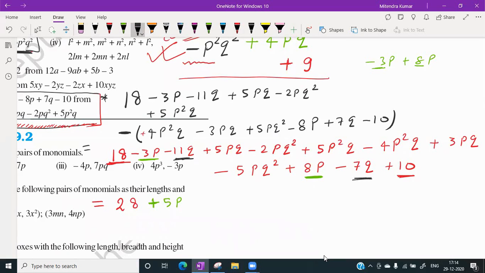Yes, we have q. So minus 11q minus 7q total minus 18q. Again next, pq. Do we have pq? Yes, so 5pq plus 3pq total 8pq. Next, pq square. You have to look for pq square. Yes, we have pq square like terms, so minus 2 minus 5, minus 7pq square.